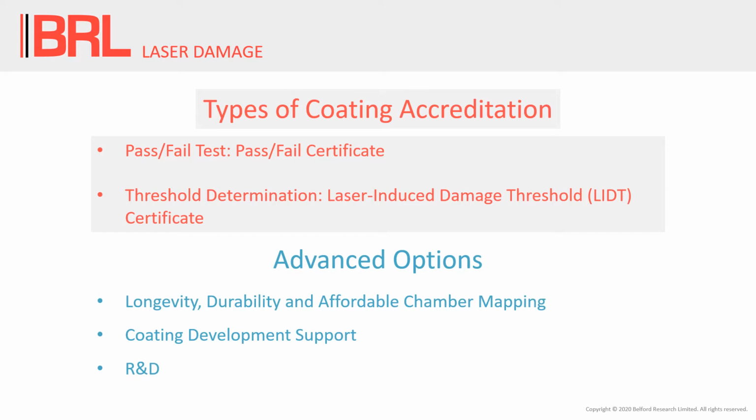A pass-fail certification, where we certify at a given power level, and a more expensive test, in which the coating run can be identified with a particular power resistance. This is a threshold test, formerly called Laser-Induced Damage Threshold, or LIDT. Additionally, BRL can provide a number of non-standard functions and R&D support.